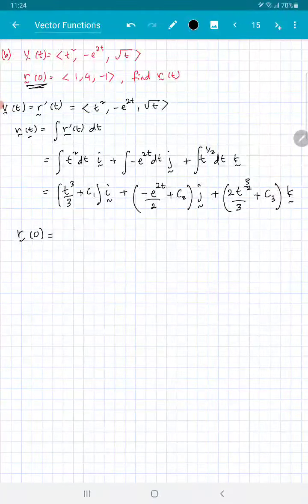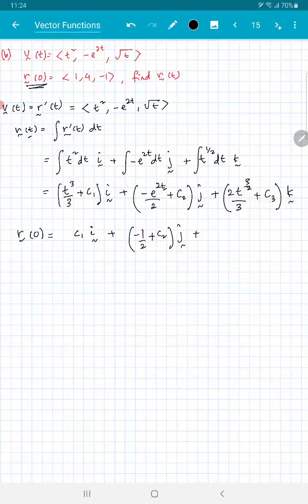That would give us 0 plus c1, so that would be c1 i. Then replace t with 0 in the y component. e to the power of 0 is 1, so here we have negative a half plus c2. That would be the y component. For the z component, replacing t with 0 gives us 0, so we have c3 k.